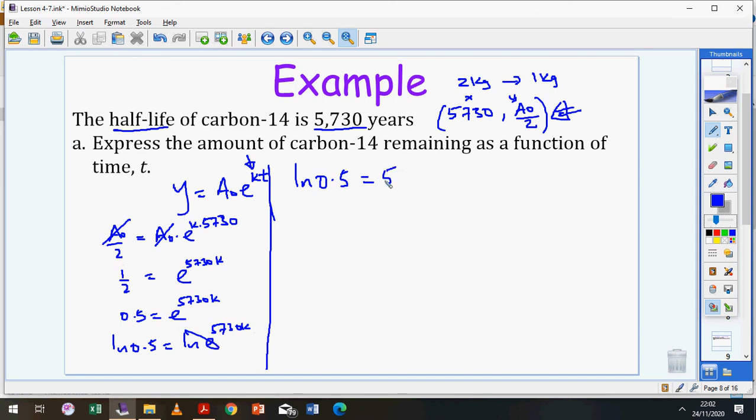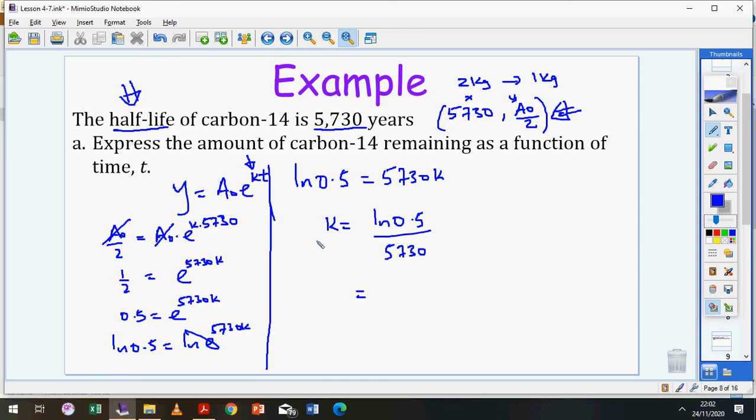That means my k value, my growth factor, or my decay factor, since this is a decay expression, is going to be natural log 0.5 divided by 5730. Now I can use my calculator to check whether this decay factor is positive or negative. If it's positive, that will mean growth, which will be inconsistent with this situation because this is a decay situation. So I expect my k value to be negative.